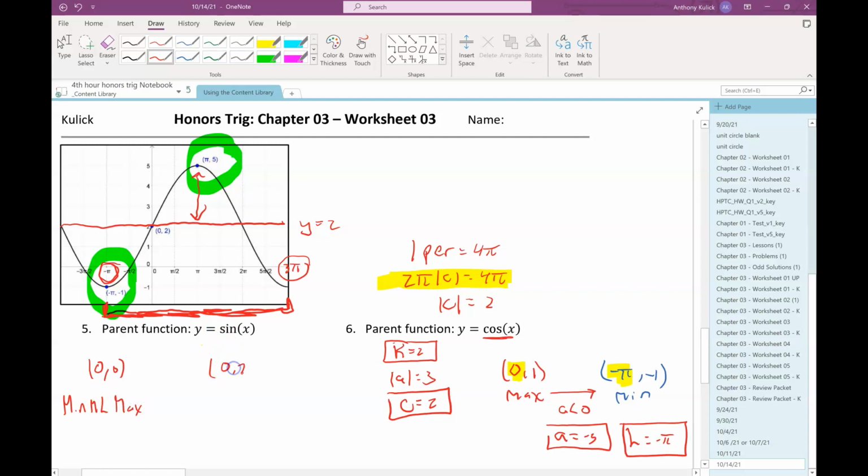And we have to use the point 0, 2, because that's the only midline point that we can read from the graph. To the left of 0, 2 is a minimum, and to the right of it is a maximum. Notice that the order of these are the same. So it tells me the A has to be positive. And the H would be 0 in this case.